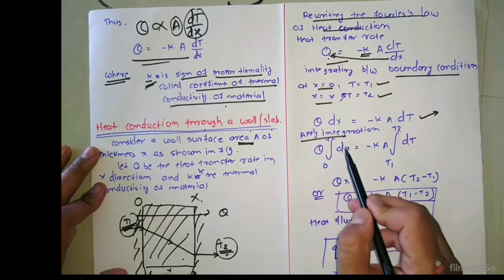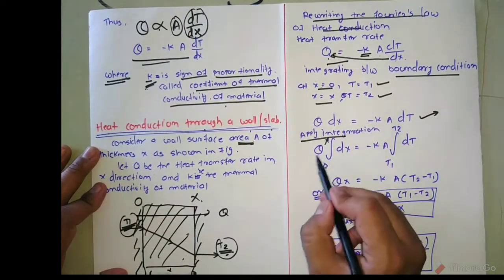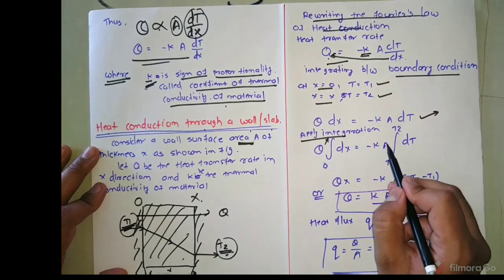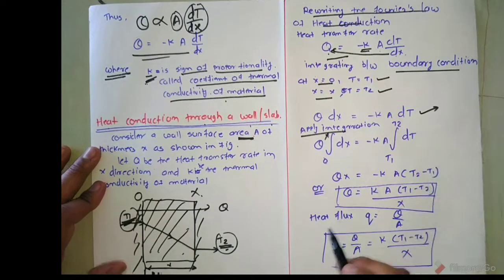Applying integration, Q times the integral of dx from 0 to x equals minus KA times the integral of dT from T1 to T2.